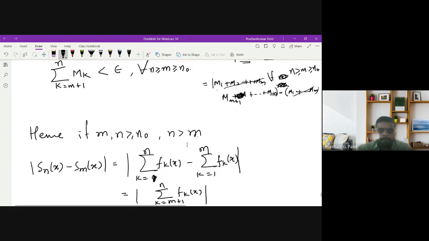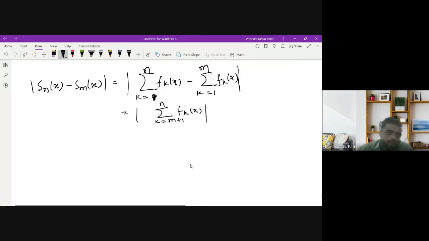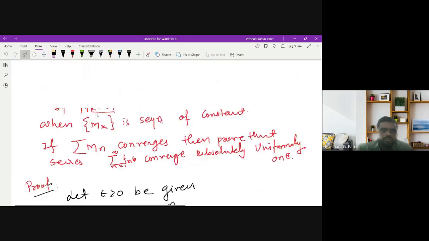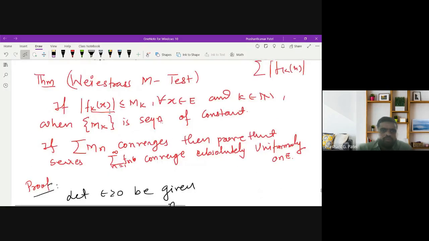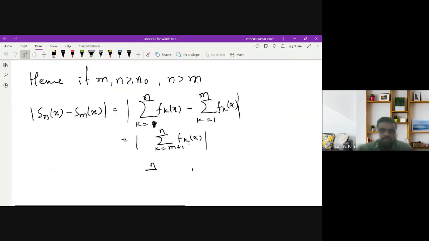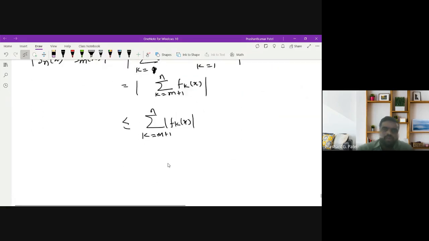By the triangle inequality, this is less than or equal to the summation, k running from m plus 1 to n, of mod of f_k(x). And as per the given argument, mod of f_k(x) is less than or equal to M_k for every k. So in particular, this is less than or equal to the summation, k running from m plus 1 to n, of M_k.